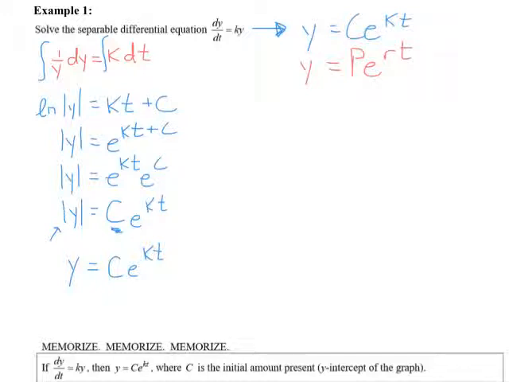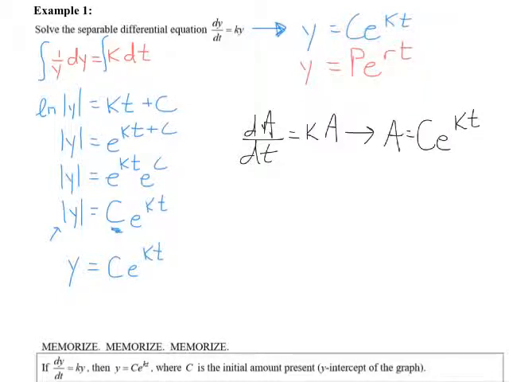So we can extend this. It doesn't matter what the variable is. If we had dA/dt equals k times A, then A is equal to Ce to the kt, and C stands for the initial amount that you start with.